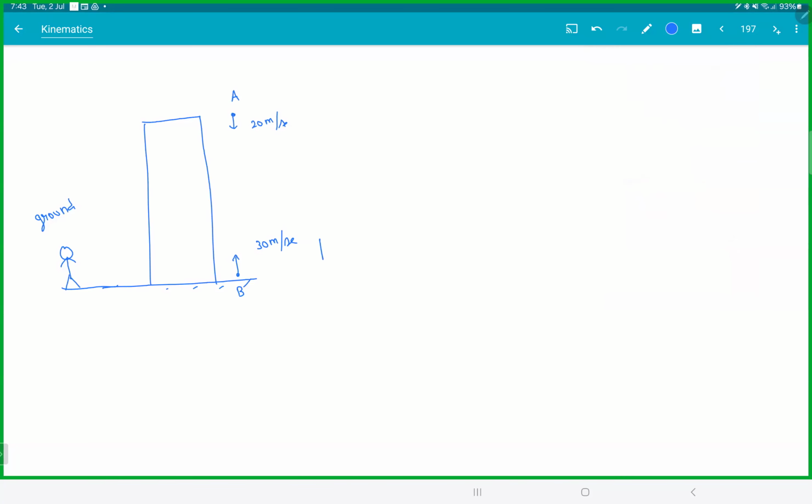And don't forget, no gravity is there because you're looking from the ground frame. So I'm just looking at the displacement of B in 1 second. So displacement of B will be 30 into 1 plus half. Remember, up positive, down negative. Gravity is pointing down, so it is negative. We keep the convention simple: anything pointing up is positive, anything pointing down is negative. So these two guys are going to collide here at a height of 25 meters.